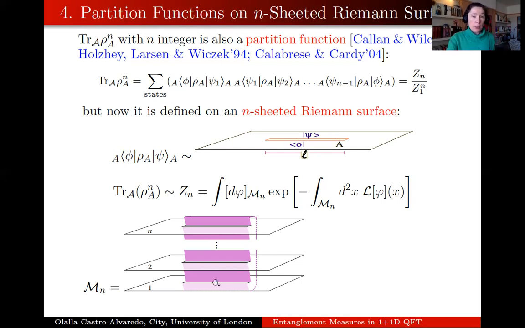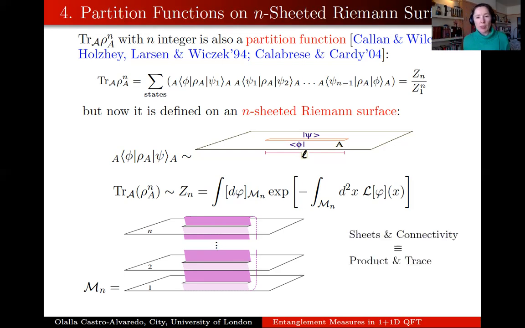Now, this can be made more precise. So we can also see that in terms of a partition function defined in the more standard ways. And in this case, what this means is that we now have a measure in here which takes values on this Riemann surface, on this Riemann manifold. Okay, and we have a Lagrangian here, which is the Lagrangian of whatever theory we're trying to compute the entanglement of.